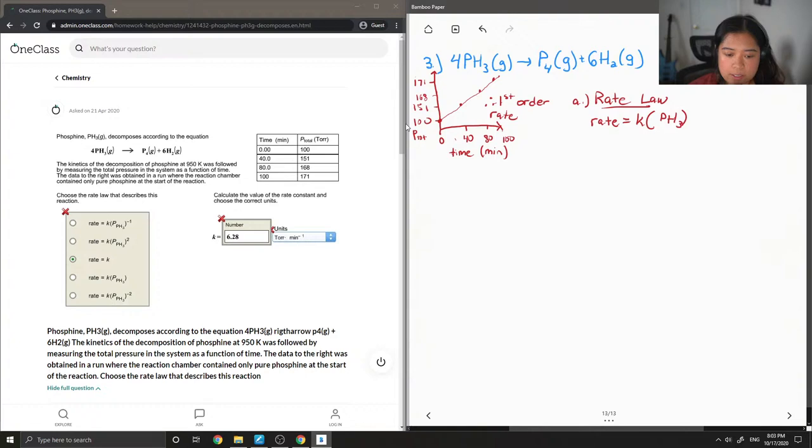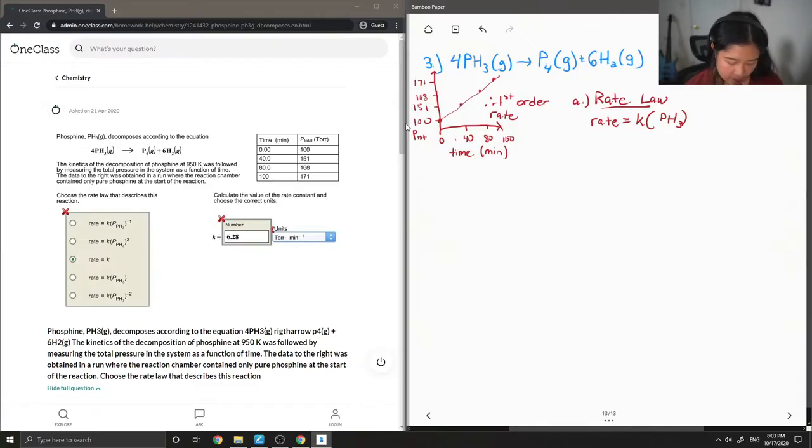Okay, so we can see that the more phosphine we have, the higher pressure that we have. It goes up as time increases as well. So it goes up in a straight line.